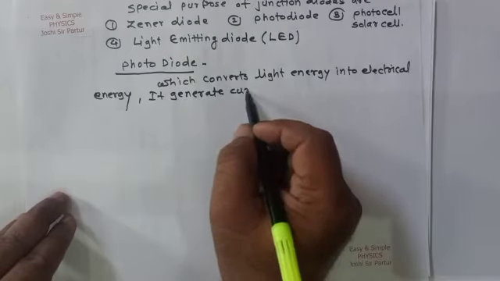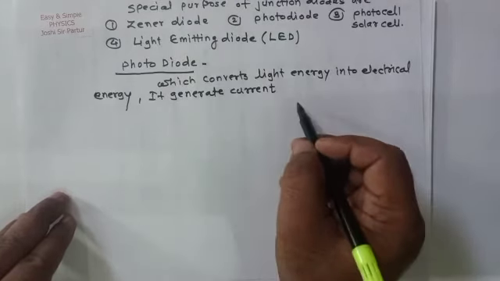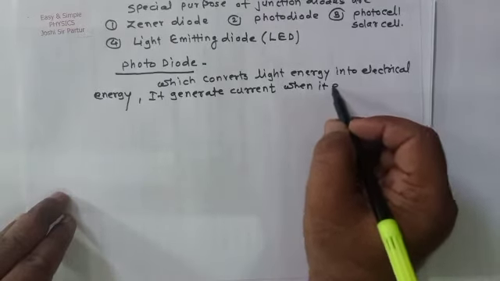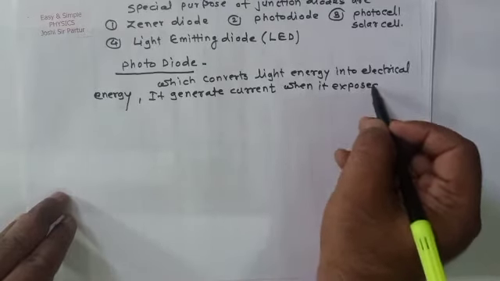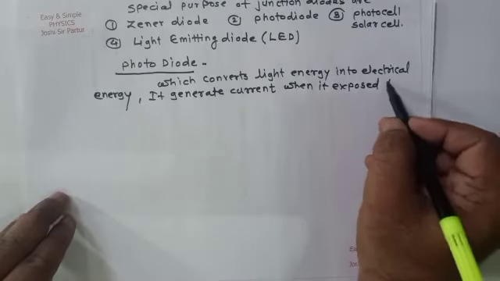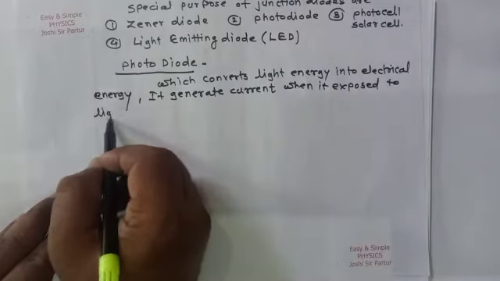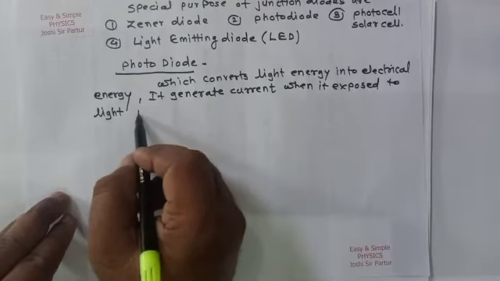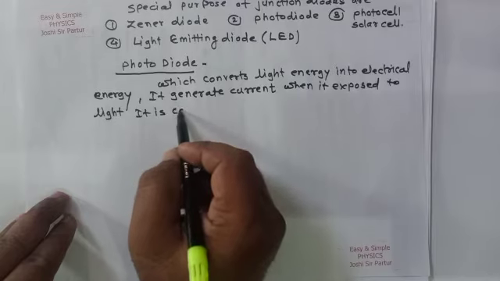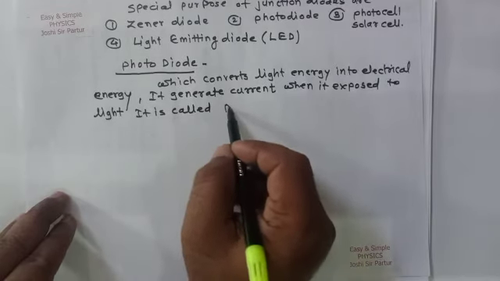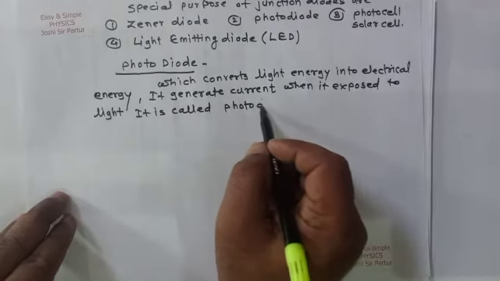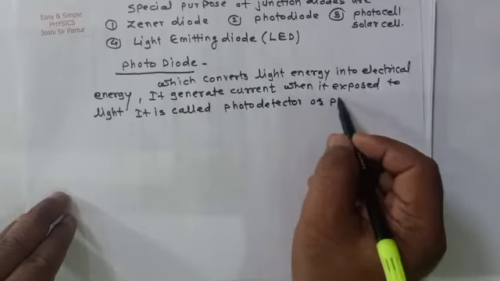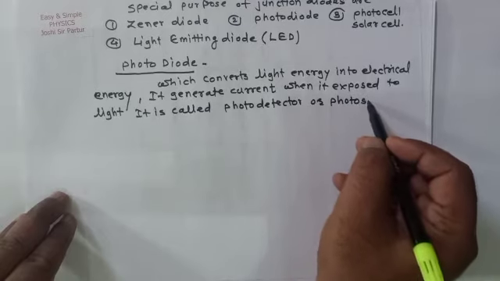current when it is exposed to light, so it is called photodetector or photosensor.